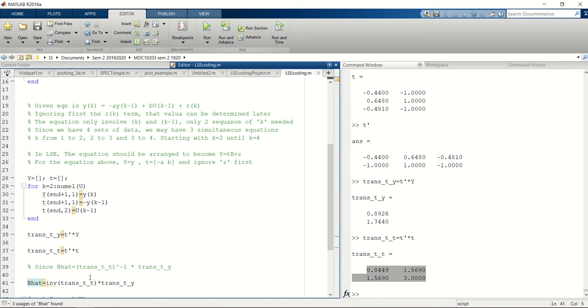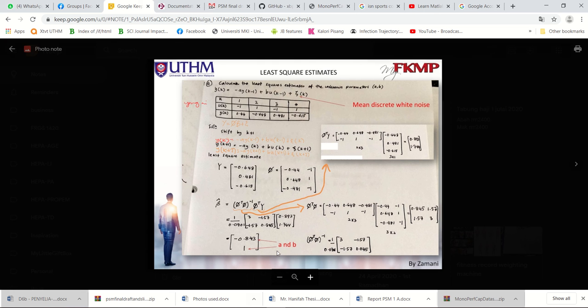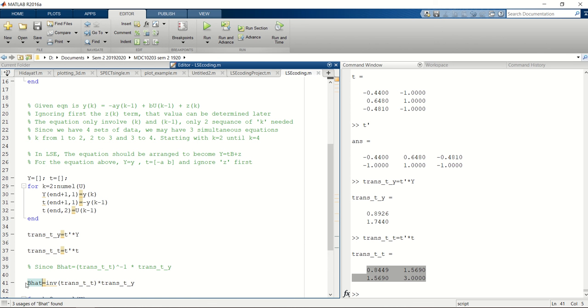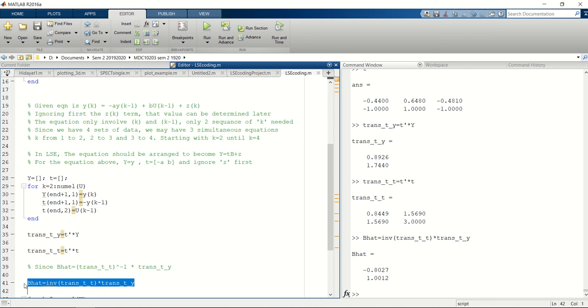This is from our original equation just now. We are expected to have the values a and b, right? So let's go back to our Matlab and run this one with F9. See, we get our values of beta, a and b.